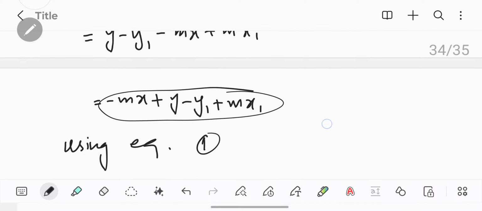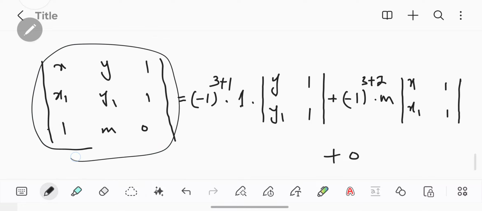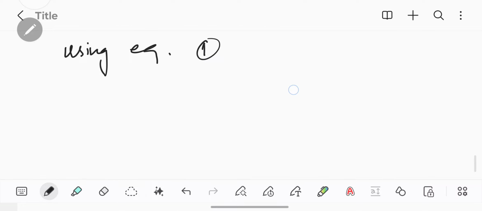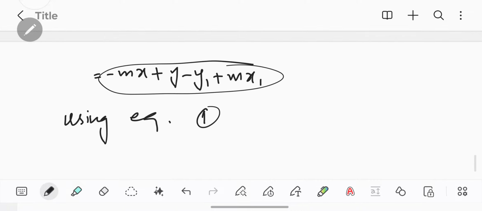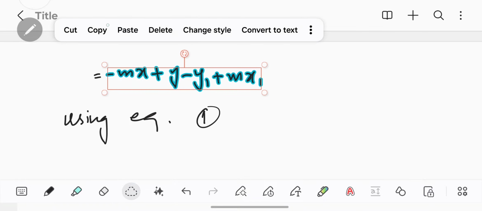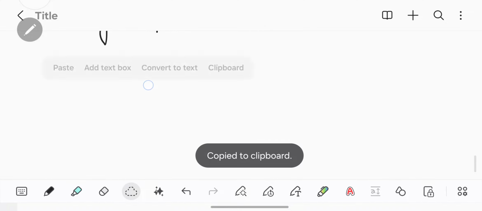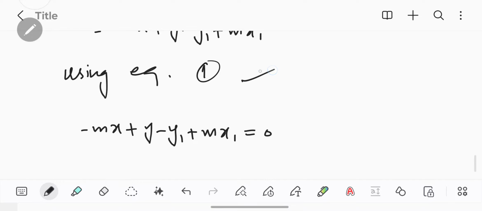Let me write first that this whole thing is 0 because of equation number 1.